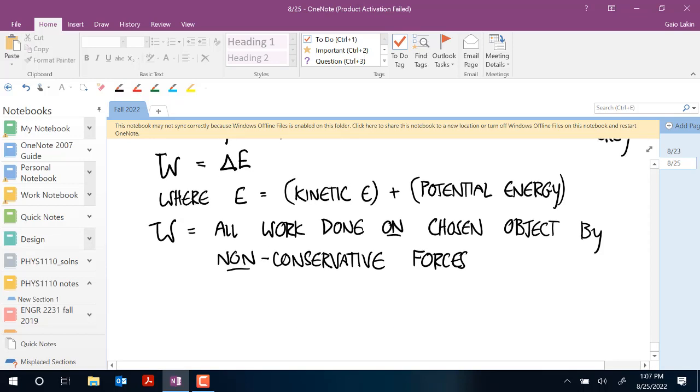What are conservative forces? Anyone remember? Forces that are not path dependent. That's totally right. I like to think of it as forces where if you know an object's location, that's enough information to know what the force is.